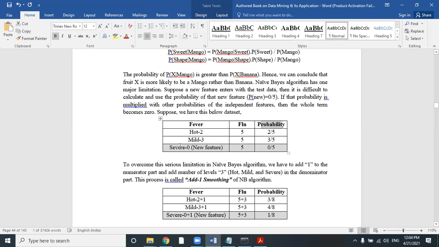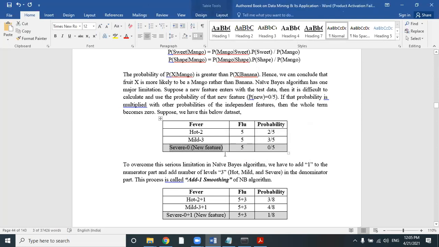Now within this fever, the first features, hot 2 and mild 3, are already existing in the training data set. Try to understand what I'm saying. These two features, hot and mild, are already existing in the training data set, right? Now one new feature comes into the testing data set: severe 0.